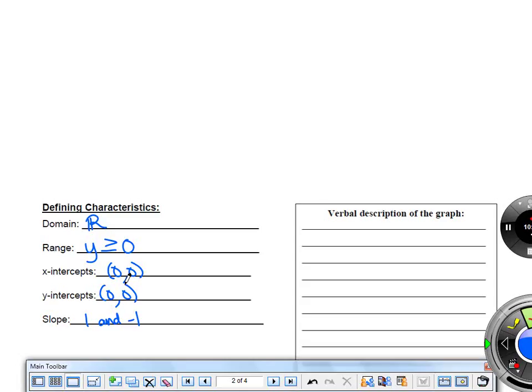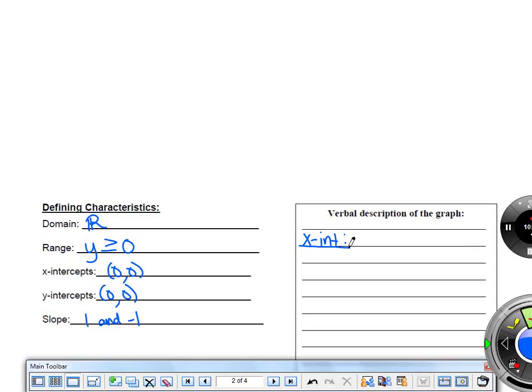Now, instead of writing a verbal description of the graph, what I want us to do is discuss a little bit about the x-intercepts and the y-intercepts, okay? So this is going to be a little more information. First, about x-intercepts. So first, a little reminder. No matter what kind of equation you have, how do you find an x-intercept? Good, set the y equal to 0.